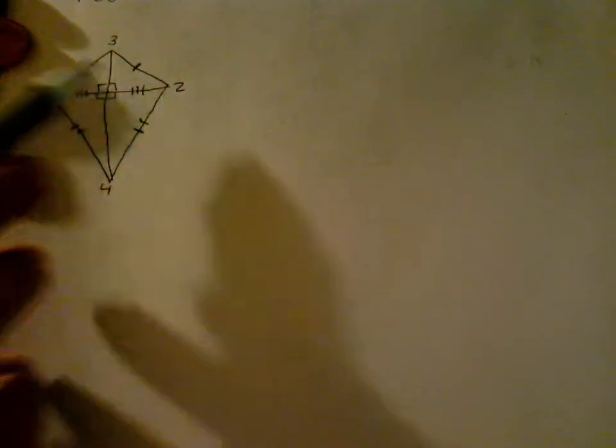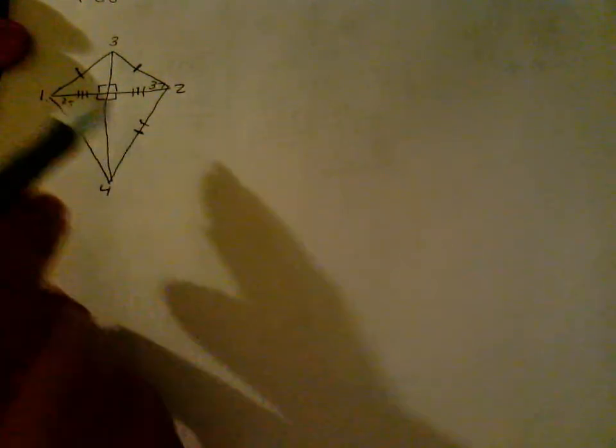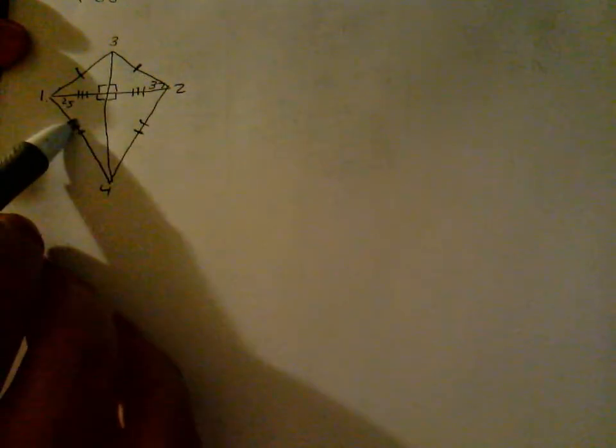So what's good about this is that if you have an angle here and an angle here, let's say you had an angle 37 and an angle, I don't know, 25. Because we know all these triangles are congruent to each other, these two are congruent, these two are congruent, we would know that this would also be 37, this would also be 25.